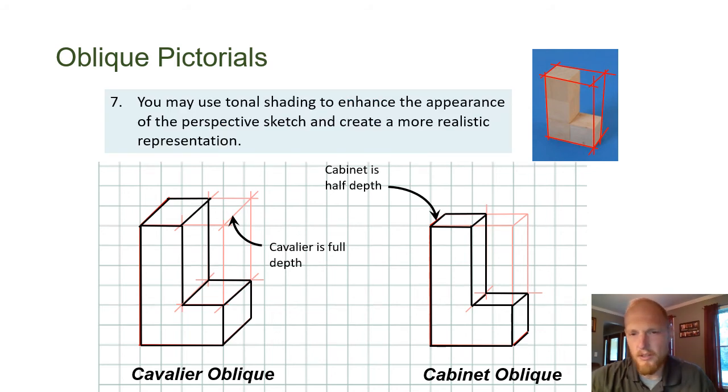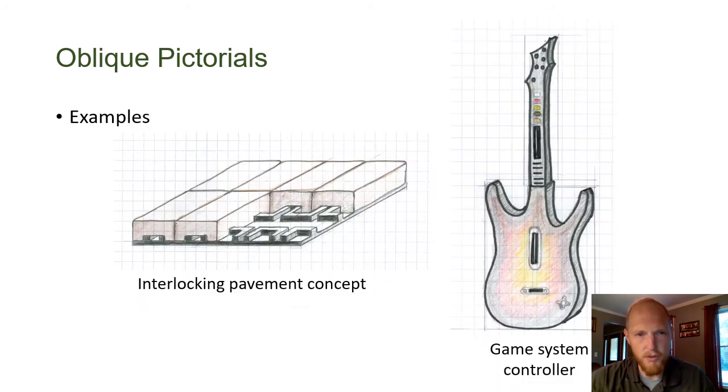Once you complete it, you can add some shading to it if you want, to add that dimension and make it look a little bit more realistic. Here you can see some examples of some actual products drawn in oblique. They look a little bit more realistic than isometric because of the way each face comes together.